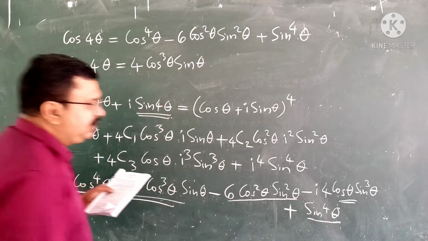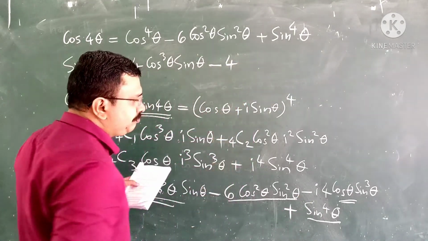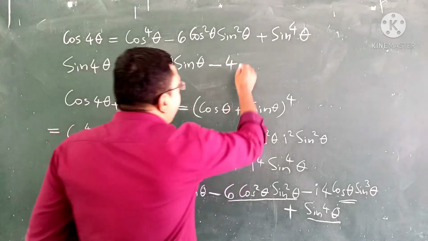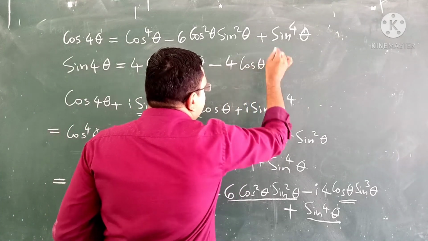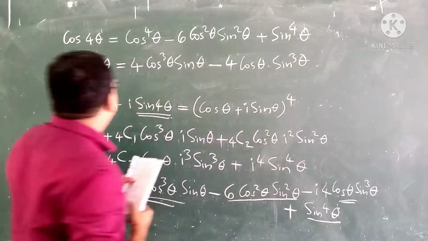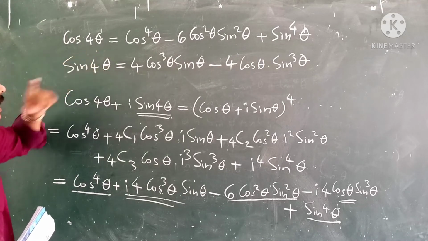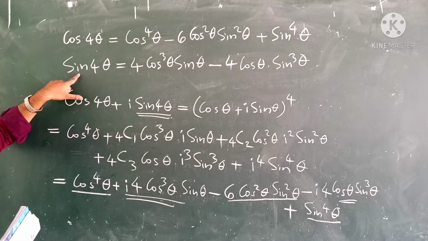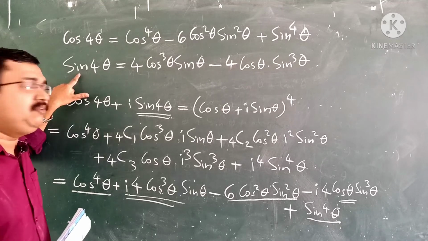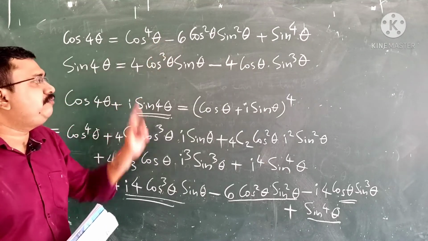Next imaginary part is here, minus 4 cos theta into sin cube theta. This is our real part, we get the value of cos 4 theta, and equating the imaginary part, we get sin 4 theta. Here is cos 4 theta, here is sin 4 theta.